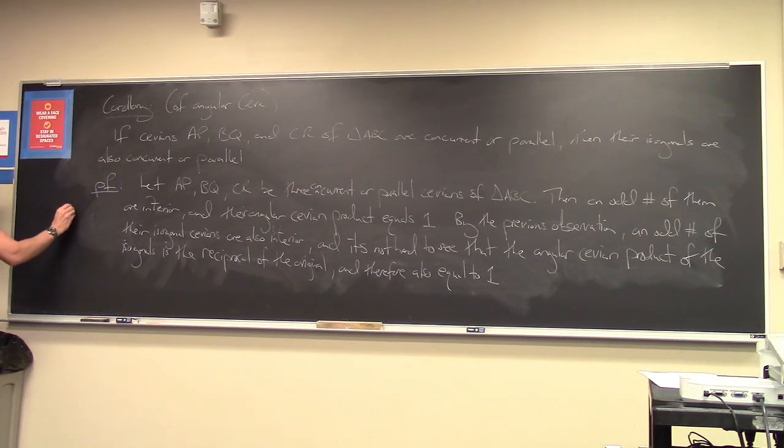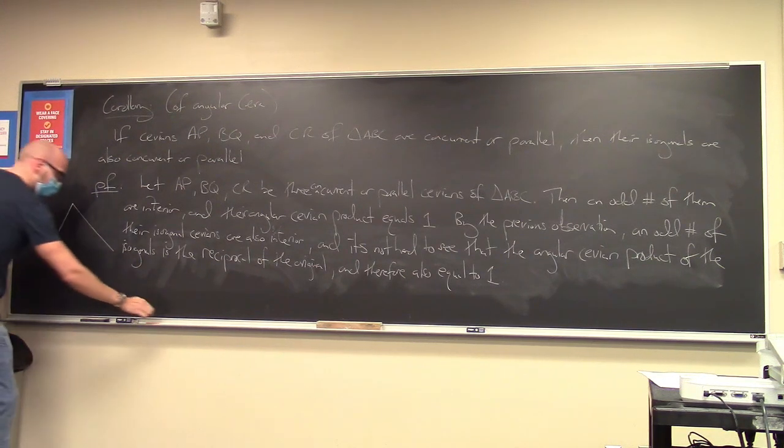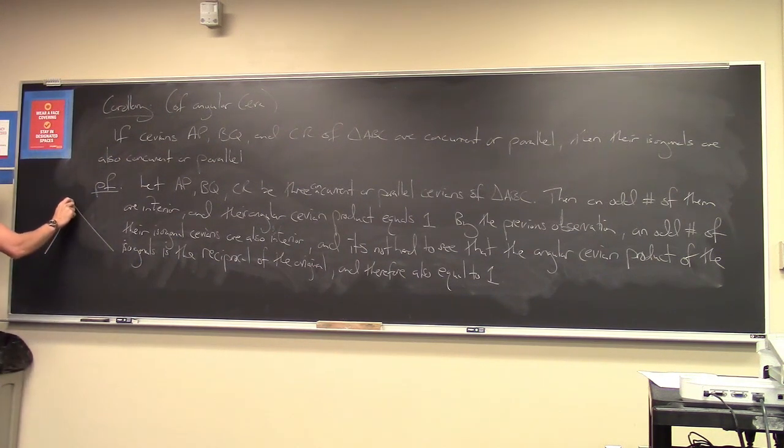Why is that? Let's say I have a Chevian, and then its isogonal, its reflection. What do I start off by doing? In my original angular Chevian, I take sine of this angle over sine of this angle.